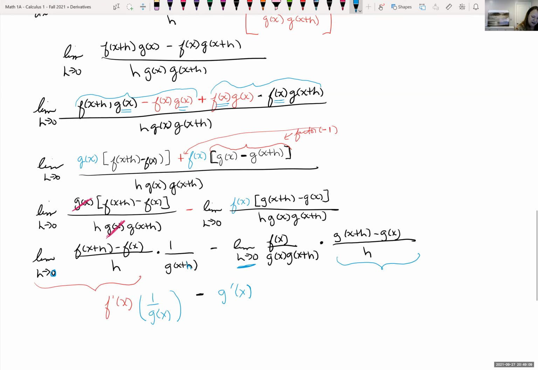And if I go in here and I plug in 0 wherever I see an h here, so notice I'll have f of x in my numerator still, but my denominator, g of x times g of x. So this is really just g of x quantity squared.